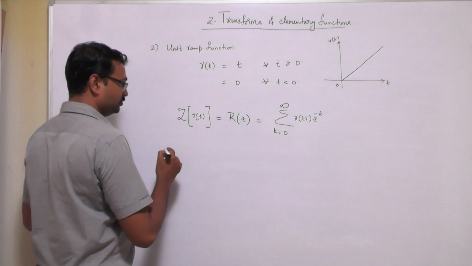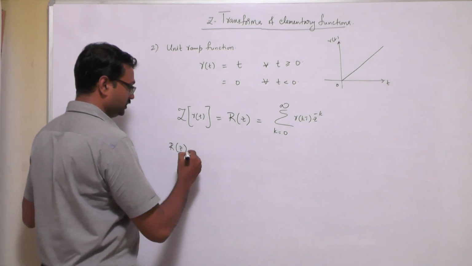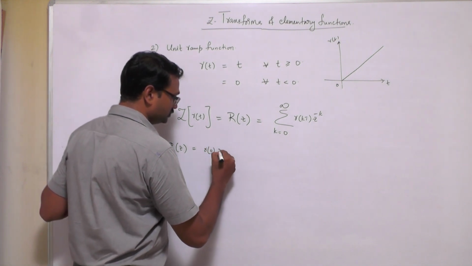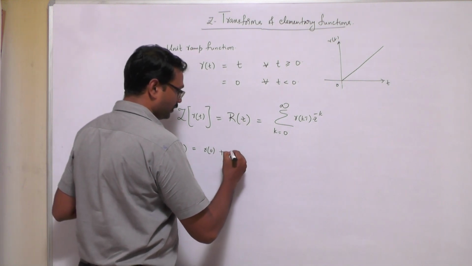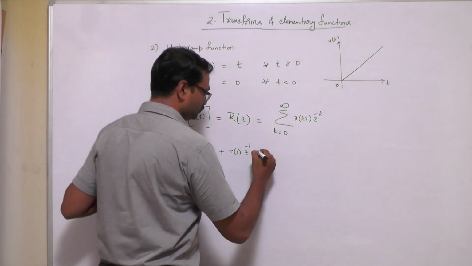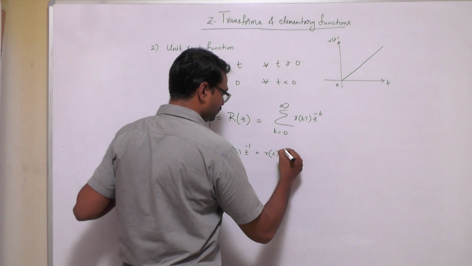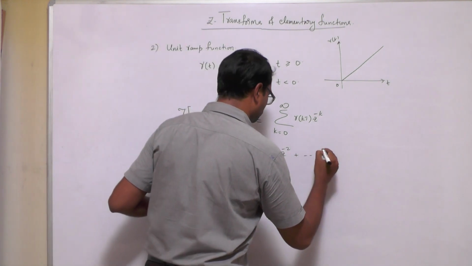Now with this, when I replace k with 0 to infinity, I will have R of z equal to r of 0 z power minus 0, which is 1, plus r of 1 z power minus 1, plus r of 2 z power minus 2, plus so on.